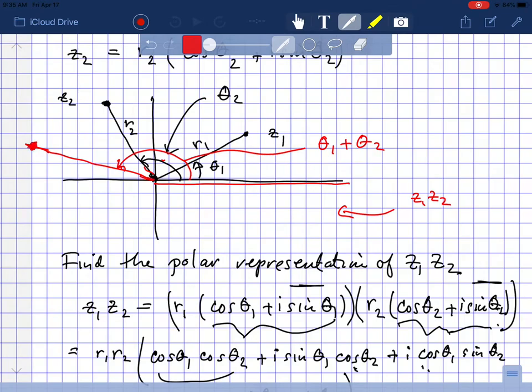And so the location of my complex number, z sub 1 times z sub 2, is going to be along this radial line where the distance between the origin and this point, z sub 1 times z sub 2, is r sub 1 times r sub 2, okay? So if both r sub 1 and r sub 2 are greater than 1, then this product is certainly going to be greater than 1.